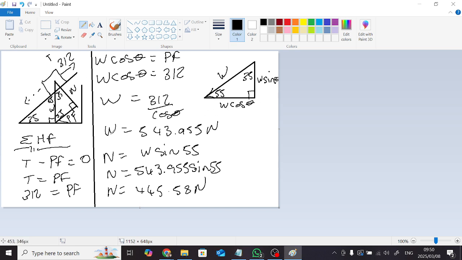Okay, so now we can solve W. We know that W cos theta is equal to 312. We divided by cos theta to find W. W is equal to 543.955. And then the normal force is W sine theta. So we just multiply the weight times sine theta, and then we get the normal force. Okay.